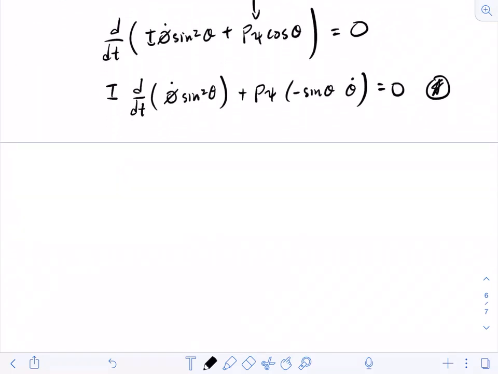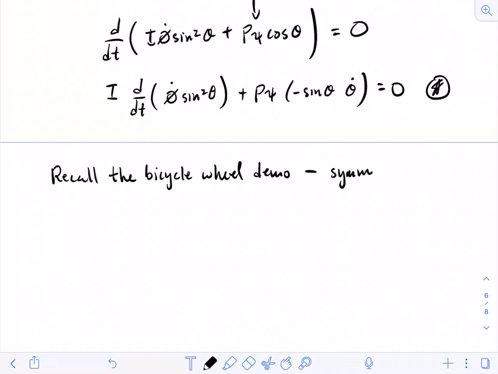Okay, so now here's where I want to make a connection to the bicycle wheel demo. The bicycle wheel is a symmetric top.